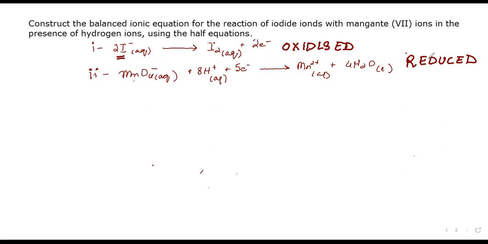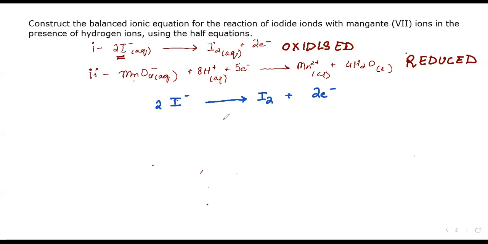To solve the question, the first step is the same. I will write down both the equations in such a way that the arrows are on top of each other. That's the first thing I want to do.